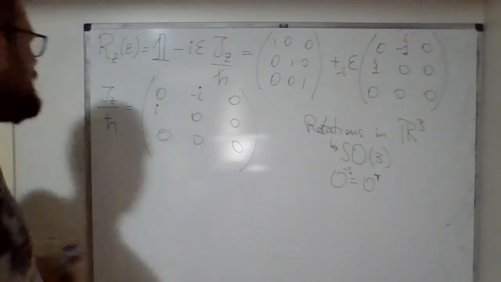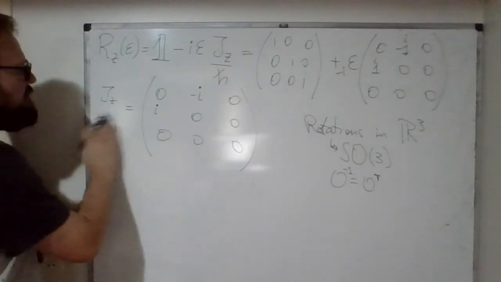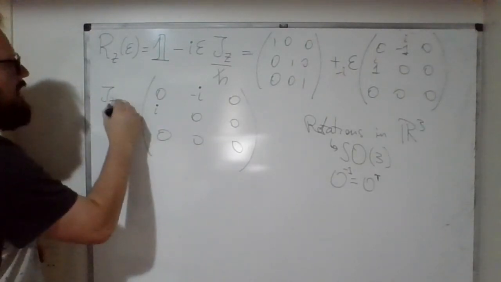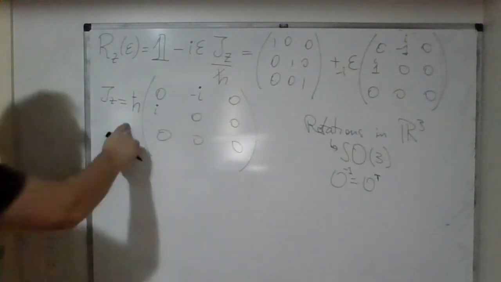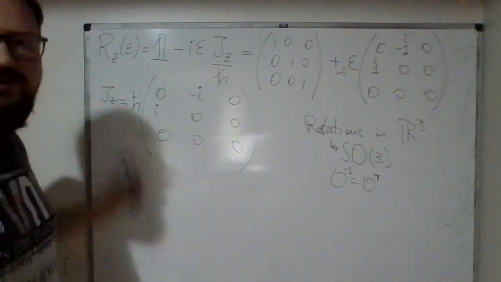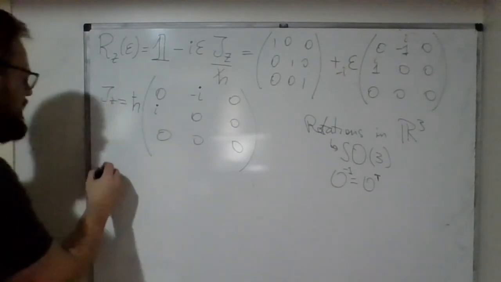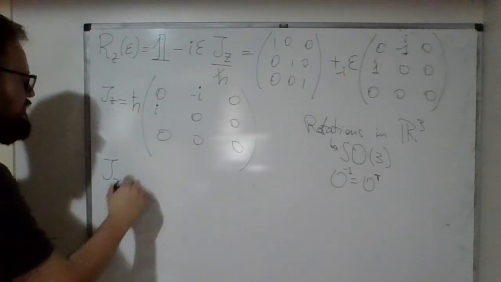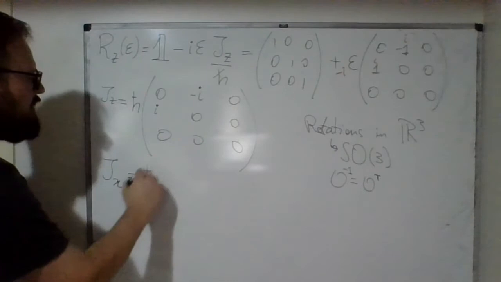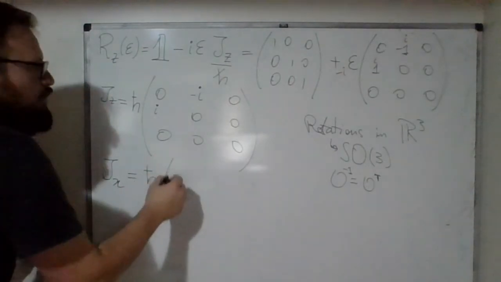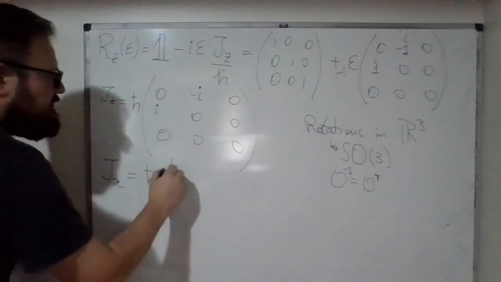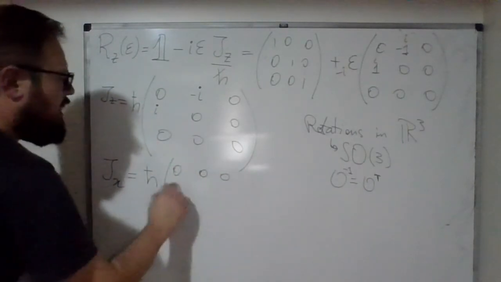All right? So now I can multiply everything by h bar here, and h bar times this matrix is Jz. If you want to calculate the x component, you also get an h bar. The components in the x direction are unchanged.